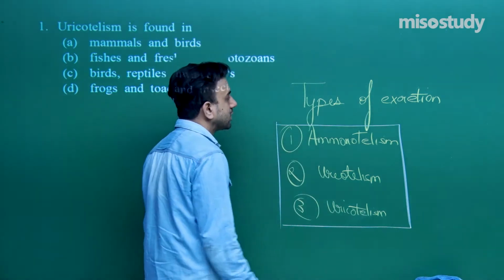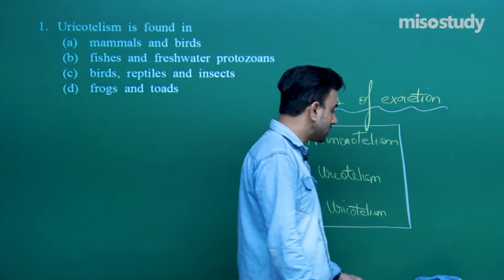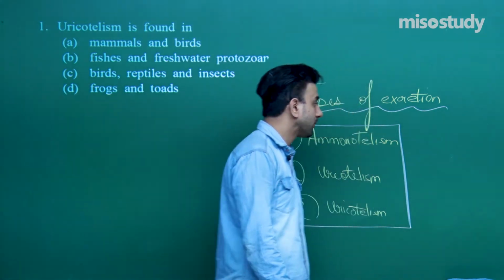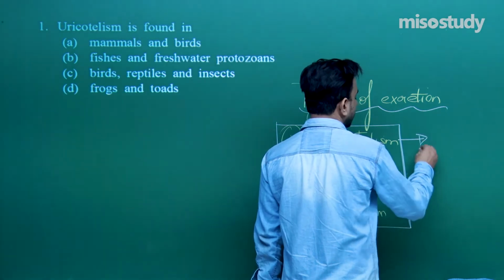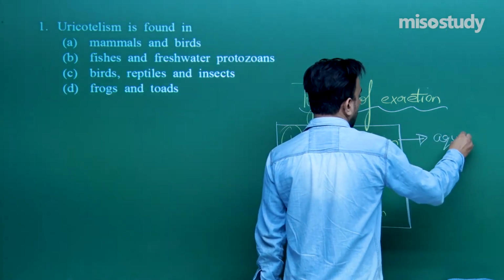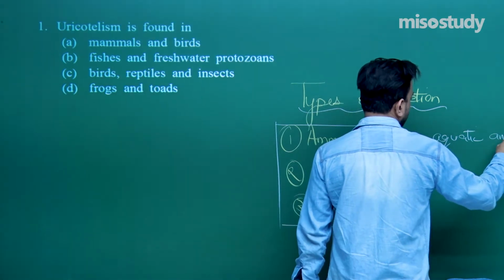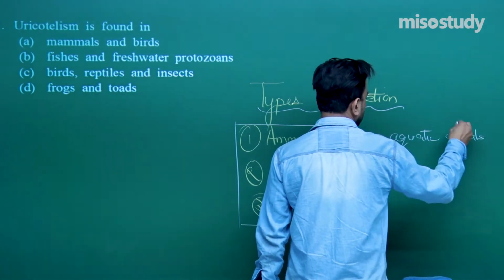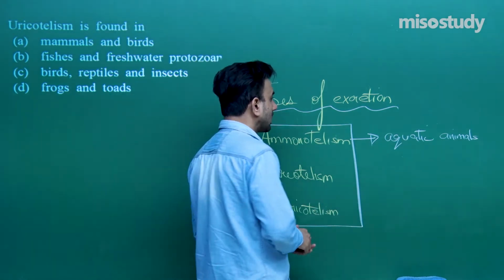So these are the three types of excretion which we know of, or which can be broadly classified into. When we talk about ammonotelism, we will see that these are mostly seen in the aquatic animals.